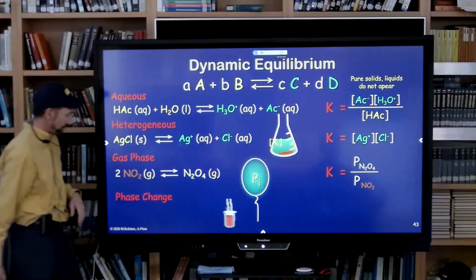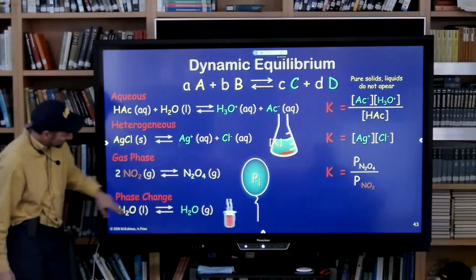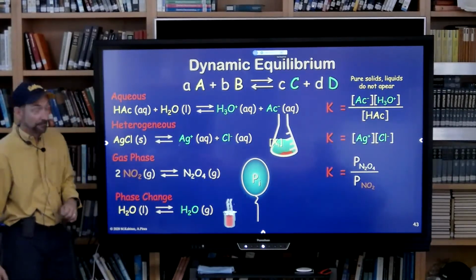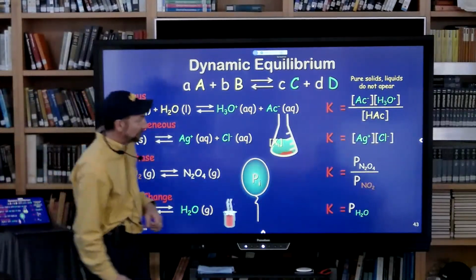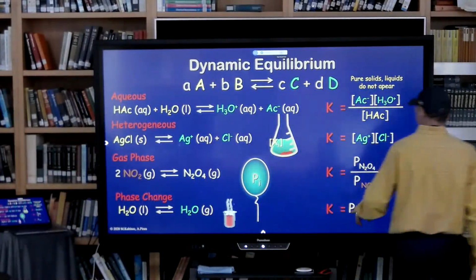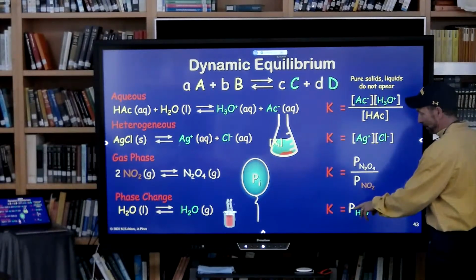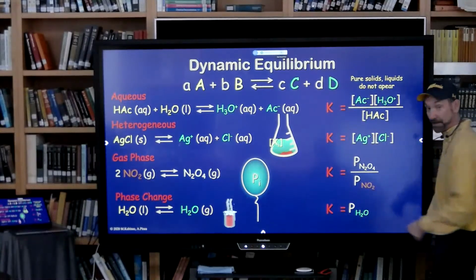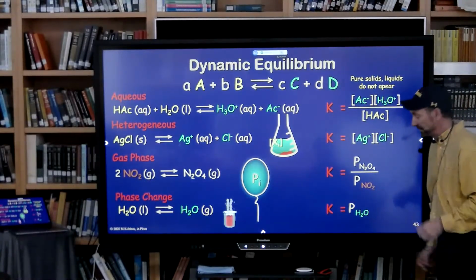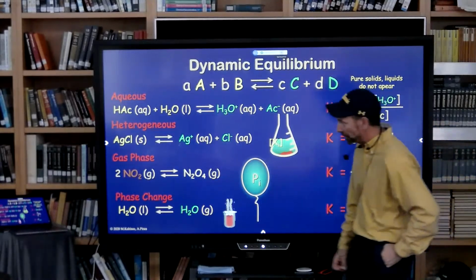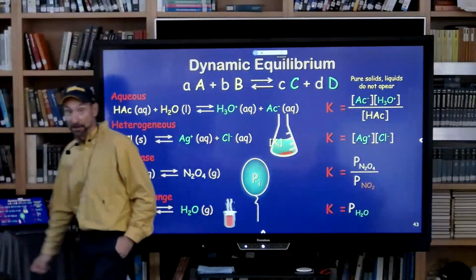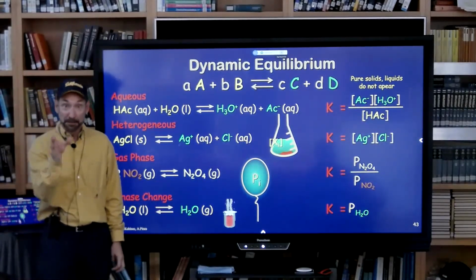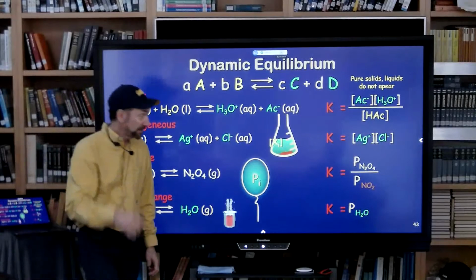We could do a phase change. We've done this a lot. We've looked at water and gas in equilibrium. So pure solids and liquids don't appear, but pure gases appear as their partial pressure. So it's the pressure of gaseous water over liquid water, which is the expression here, that comes to equilibrium at any given temperature.